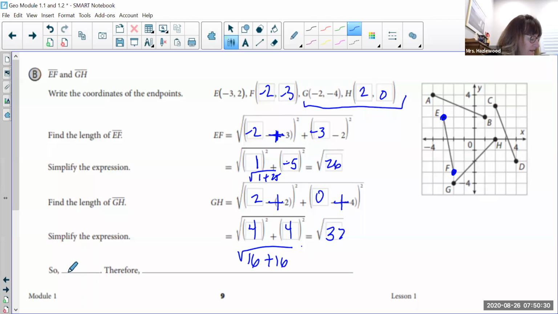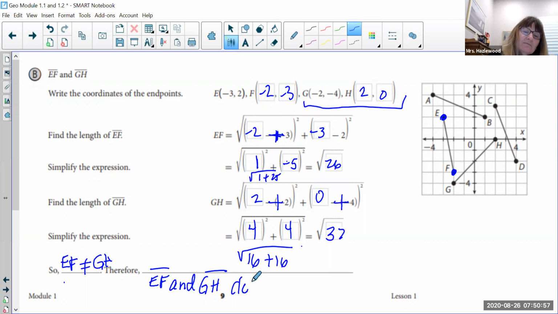So what I can see here is they're not equal. So I'm going to say EF is not equal to GH. And I'm going to write below the line because I took that space. So then I'm going to say segment EF and segment GH do not have the same length.